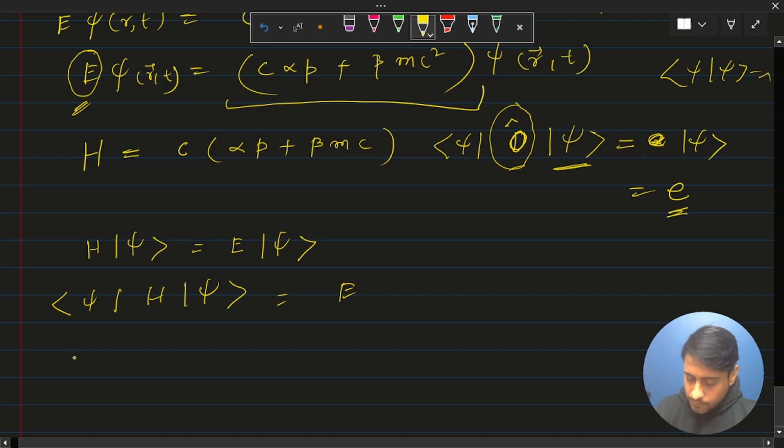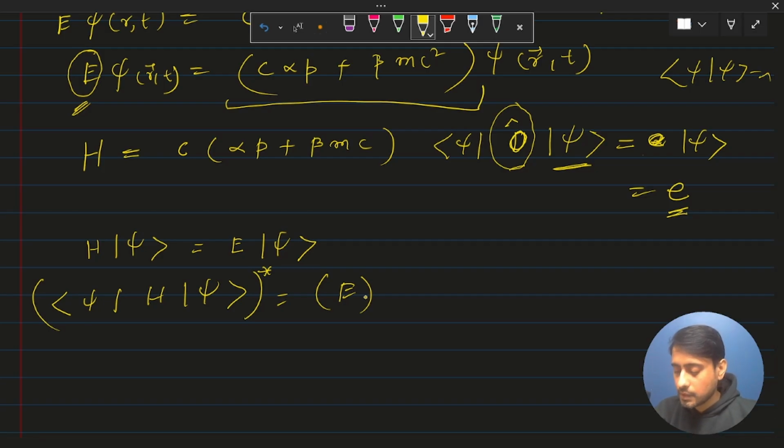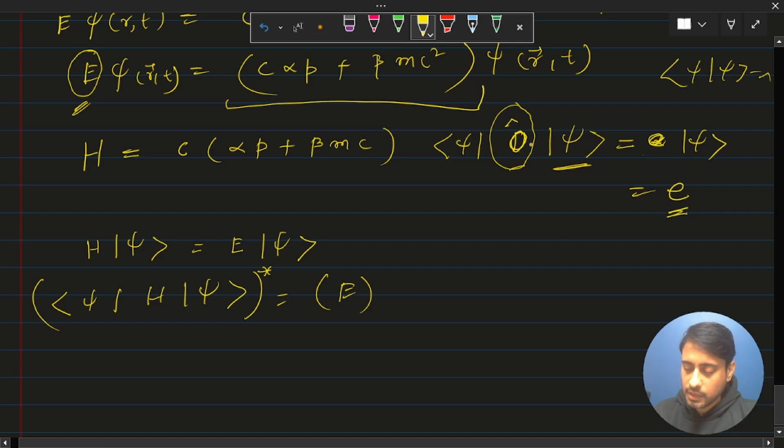If we take the complex conjugate of this, the right hand side has energy, which can be any quantity, but it must be a real quantity. Real things are measurable, and whatever we measure in quantum mechanics should be real.